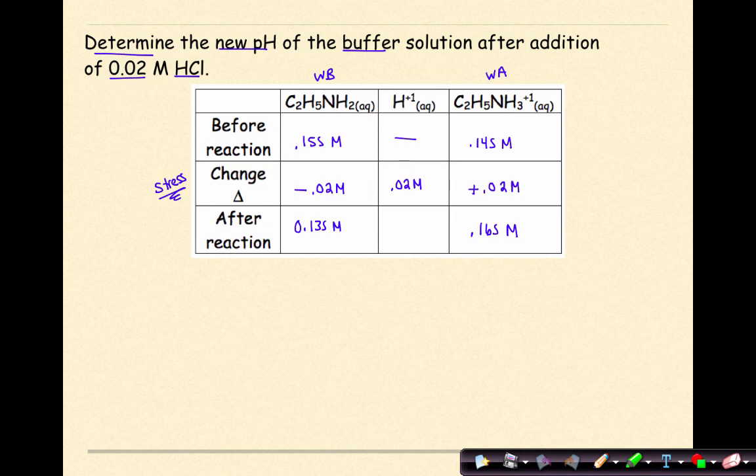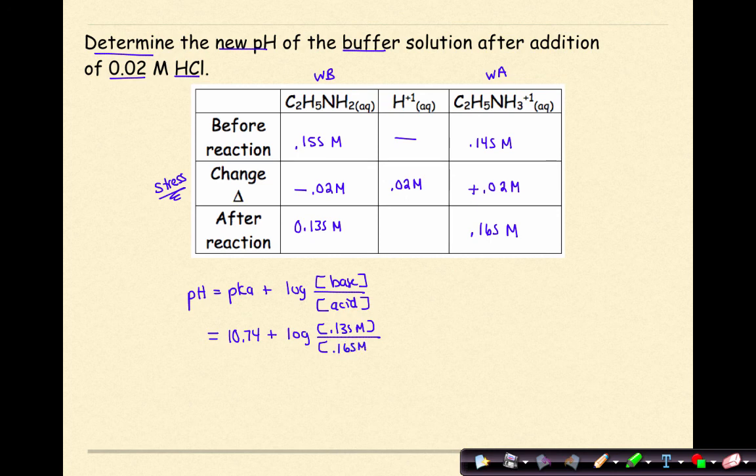Let's see how this affects our pH. pH is equal to the pKa plus log of the concentration of my weak base over the concentration of my weak acid. So I'm going to plug my numbers in. My original pKa, which is 10.74, plus the log of my weak base, which is now 0.135 molar, divided by the concentration of my weak acid, which is now increased to 0.165 molar.